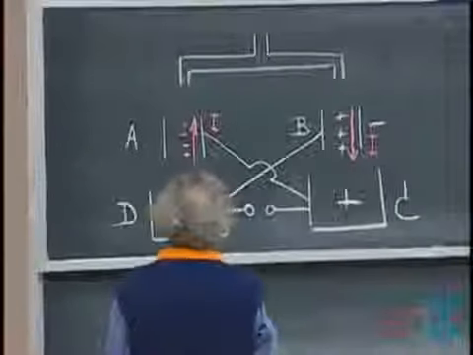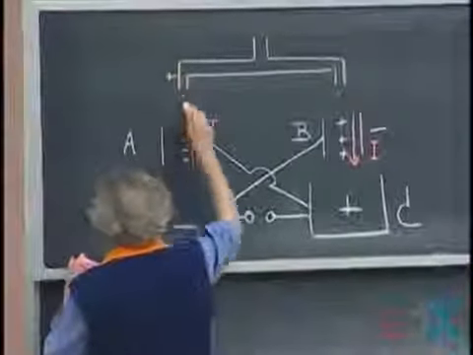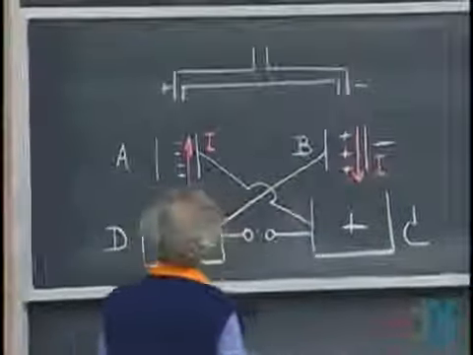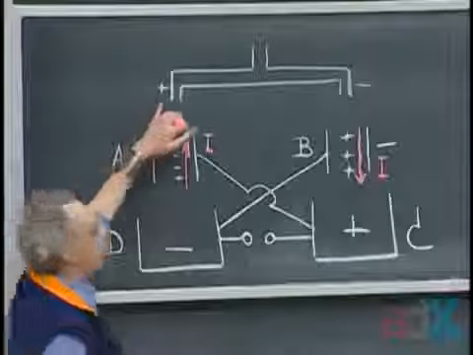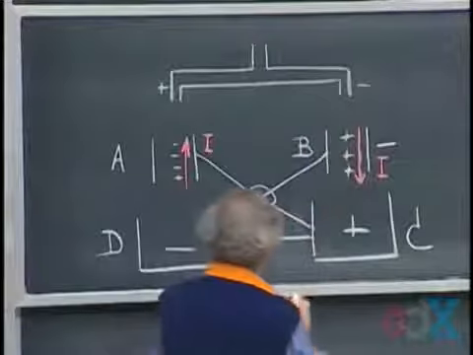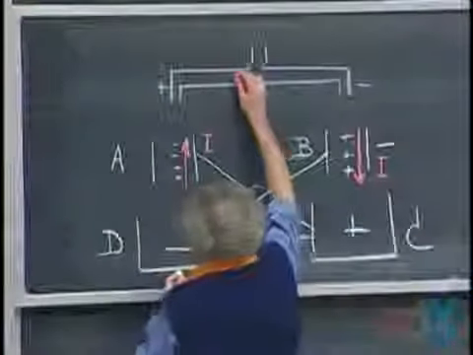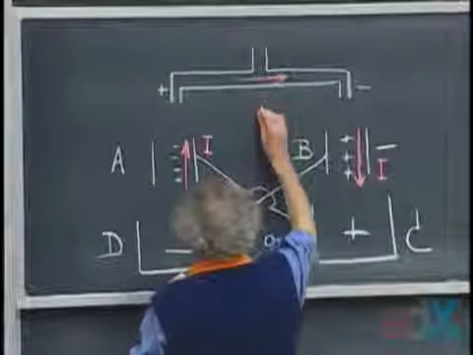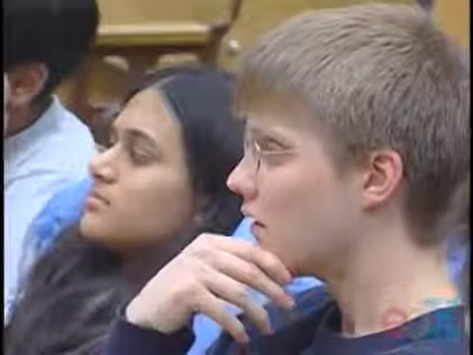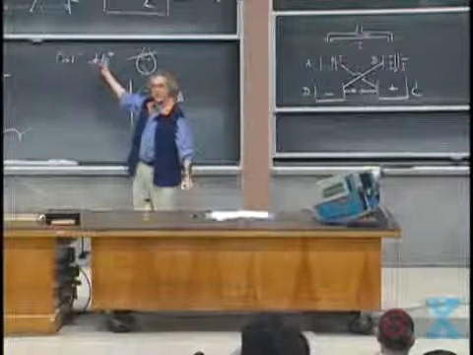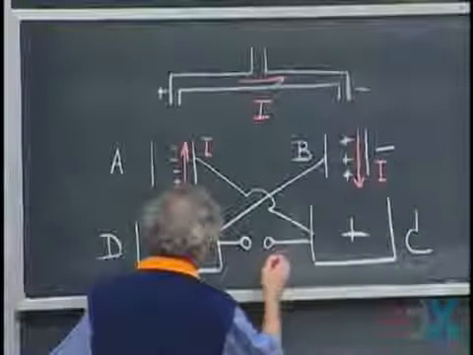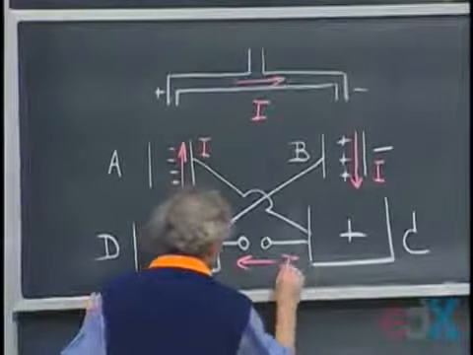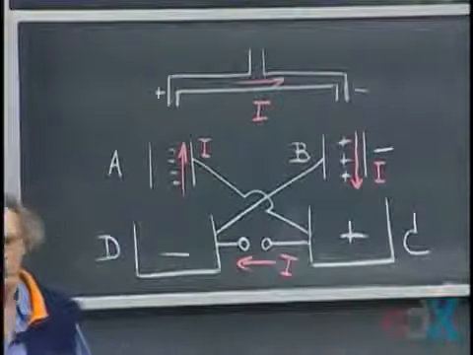This side of the spout here will be slightly positive and this is slightly negative because the H plus is more abundant here than there, and so we're going to get a current through the water in this direction. The water has a low but sufficient conductivity because it's ionized 1 out of 10 to the 7 molecules. And so once in a while, if you see a spark here, then you get a current there, but that's intermittent, of course.